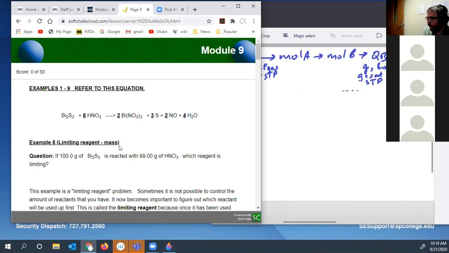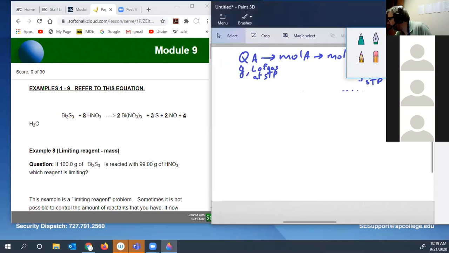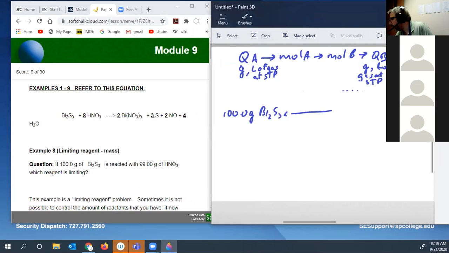But to do this, we start out with 100.0 grams of Bi2S3. We know grams of Bi2S3 goes on the bottom.